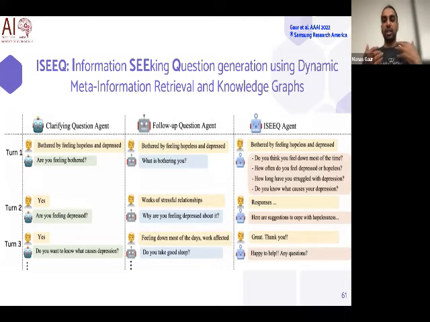Or if the user provides a response and the agent does not have those responses, then probably it would ask some follow-up questions, very similar to what I was talking about in the process knowledge structure. For simplicity, what we have right now in iSeek is the capability to ask you these follow-up questions.